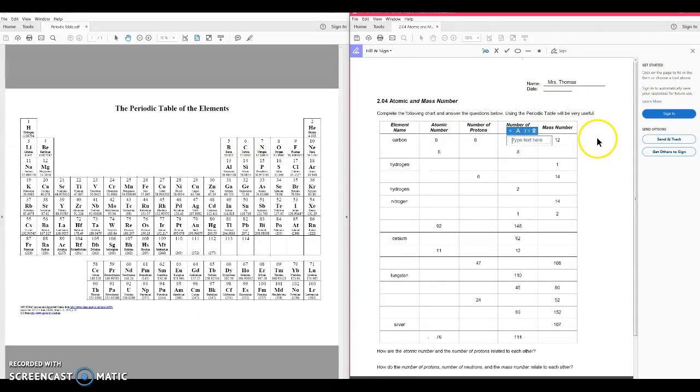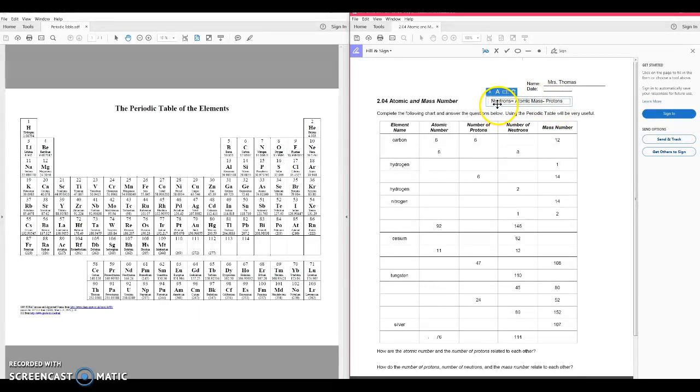I'll put a little cheat sheet up here: the number of neutrons is equal to the atomic mass minus protons. That's true because the atomic mass that we're seeing, this mass number, is simply a count of all the particles in the nucleus. That would include the protons and the neutrons.